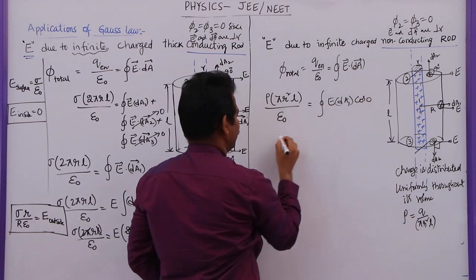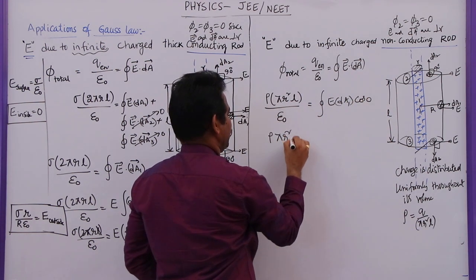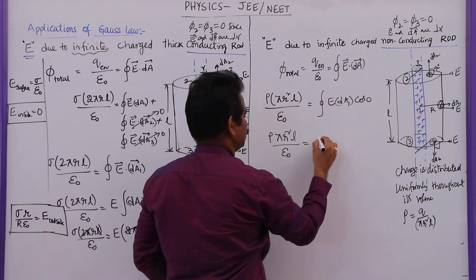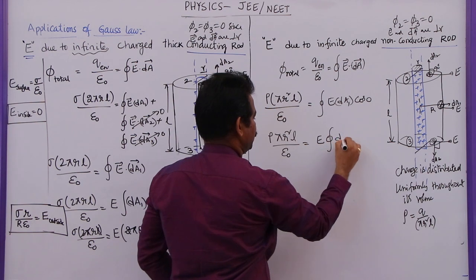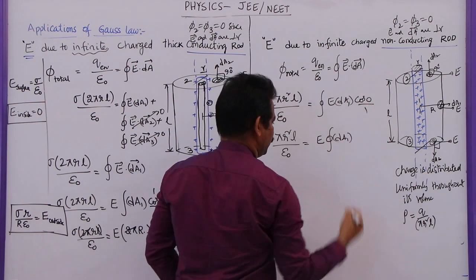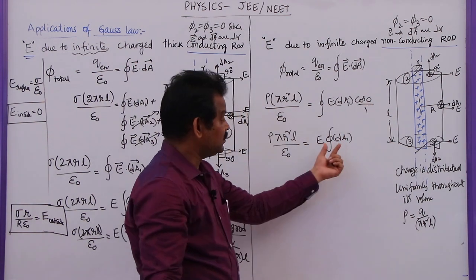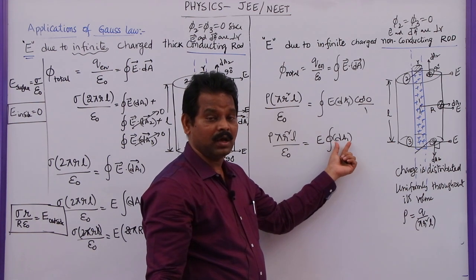So this is dA1. So rho pi r square L by epsilon naught is equal to E will come out of the closed integral of dA1, and this will be 1. No need to write. Now, what is the surface area of this closed Gaussian surface?